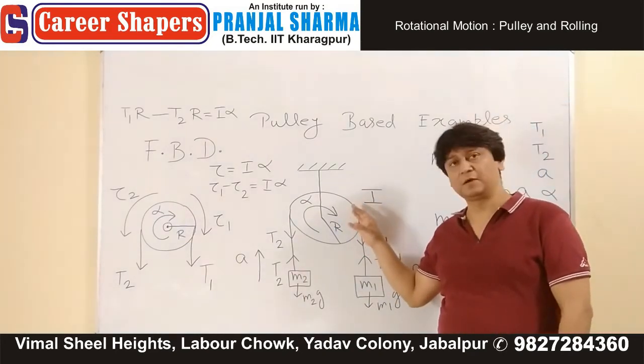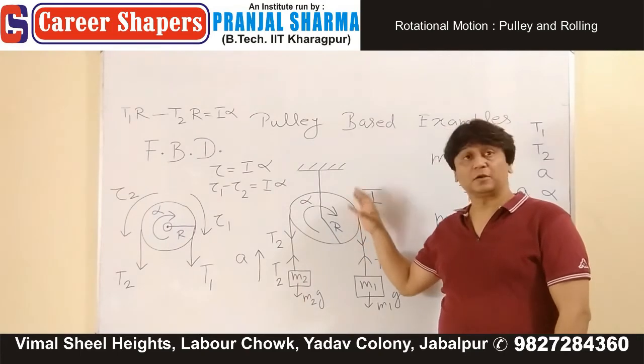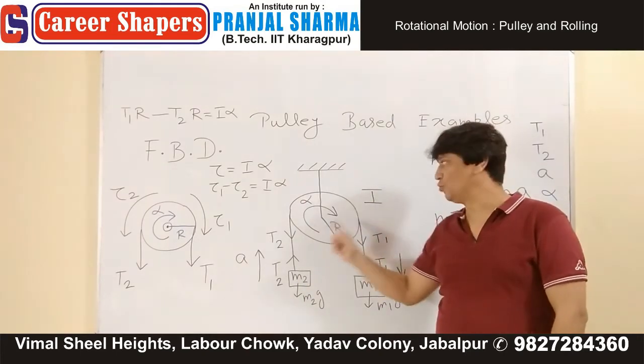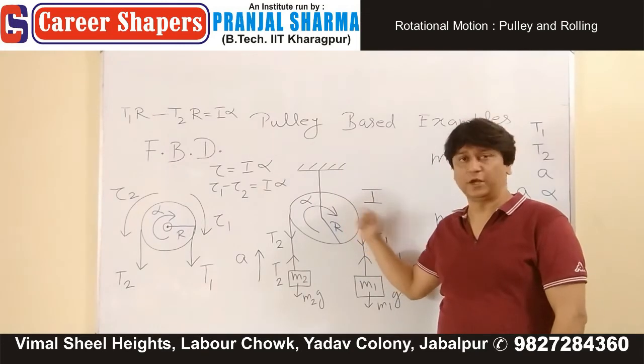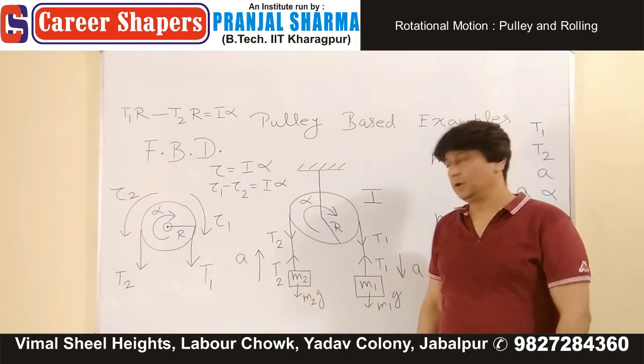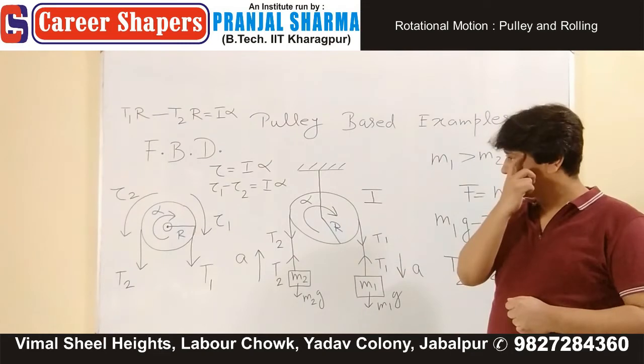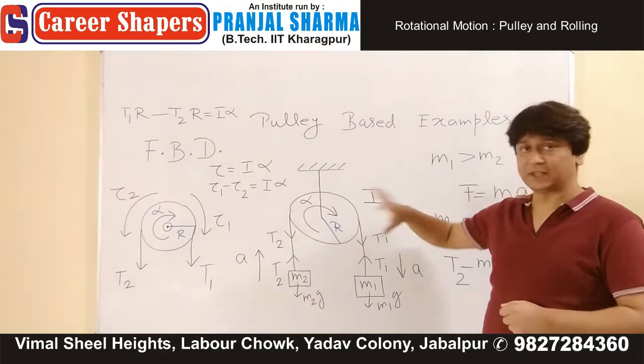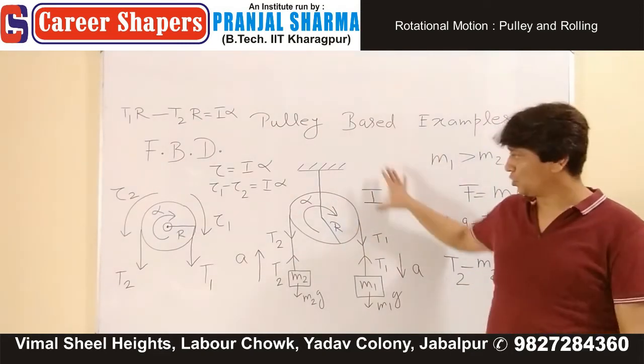What was the statement? That there is no slipping between rope and the pulley. What does it tell you? Do one thing first, note down this much, and then I will write the fourth equation. Note down this much first.